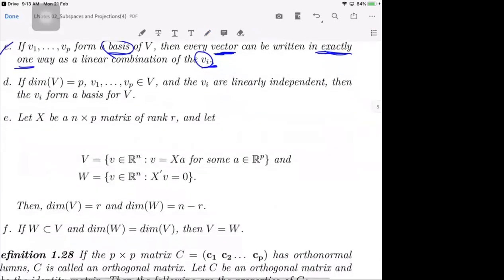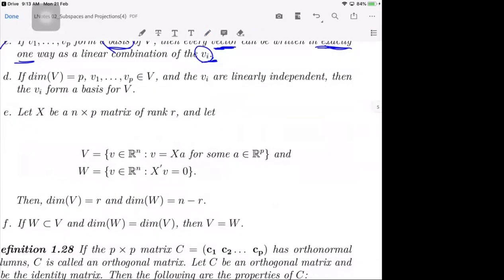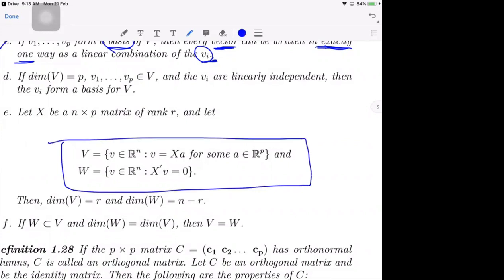In lecture notes 1, or is it 2 already, these two subspaces were introduced to you, no?